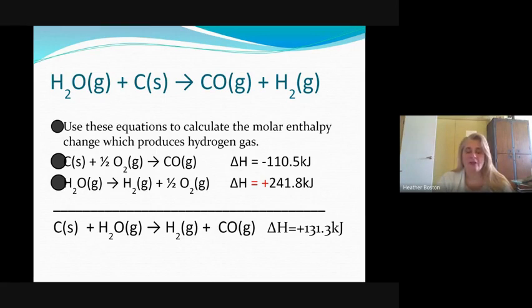And we are left with things we do need, which is 1 mole of carbon on the reactants, 1 mole of water on the reactants, 1 mole of hydrogen in the products, 1 mole of carbon monoxide on the products. So everything's looking good. You just add those 2 enthalpy values up. In your calculator, it's negative 110.5 plus positive 241.8.